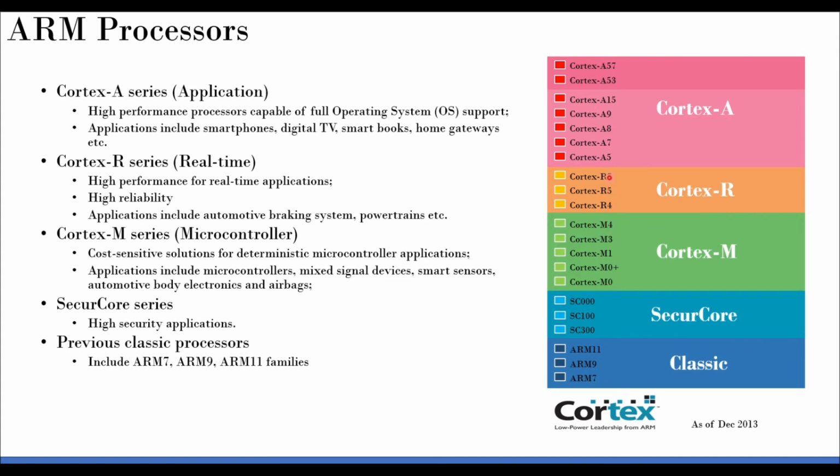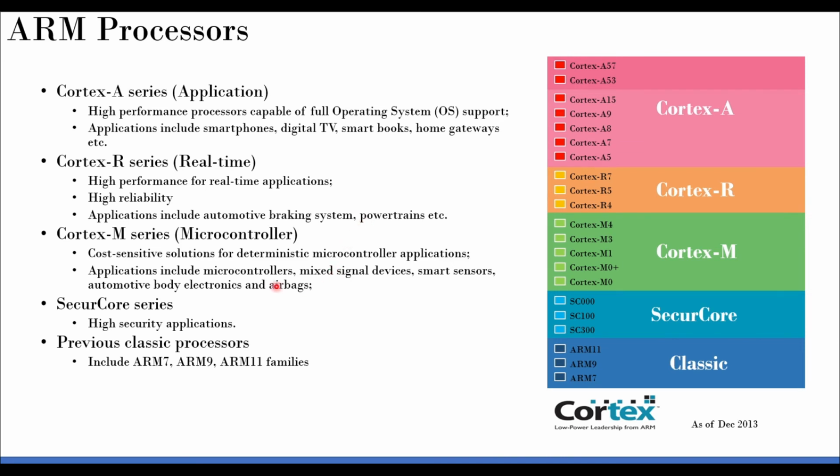And then the R processors are real time. Cortex-M processors are not for real-time applications. If you are looking at real-time applications, essentially something like a real-time operating system running on the processor, you have to look at the R series. They are high performance for real-time applications, and highly reliable because it has to be real time. Some applications are the braking system, where you have to be really real time. Powertrain, right? You change the gear, it should be reflected very soon. It should not be late.